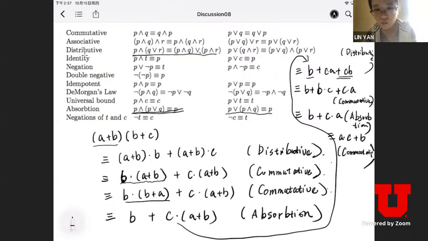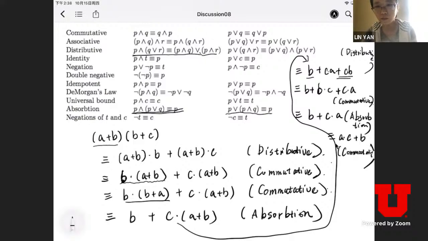There is a question about this problem. I have a question from Elizabeth: can you use the commutative property to move around values within a parenthesis?